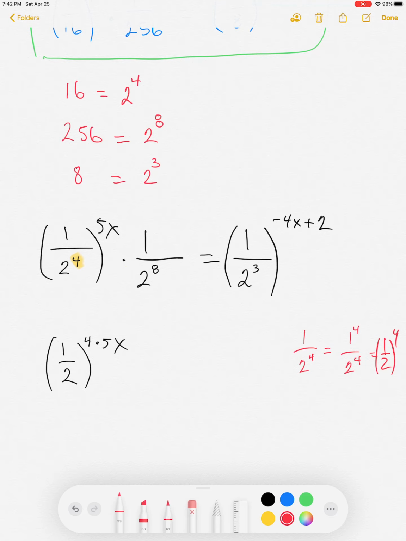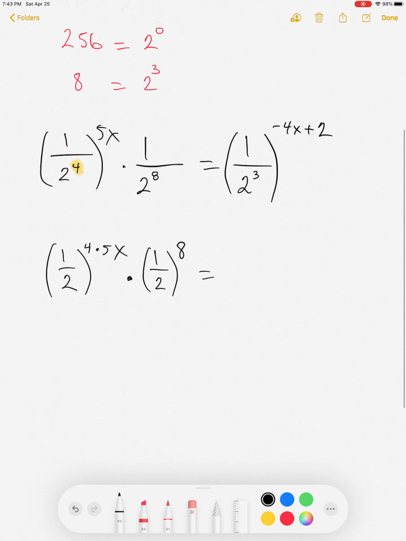So now that I've done that, that's being multiplied by 1 over 2, the whole thing raised to the 8th, using that same idea that I just mentioned.